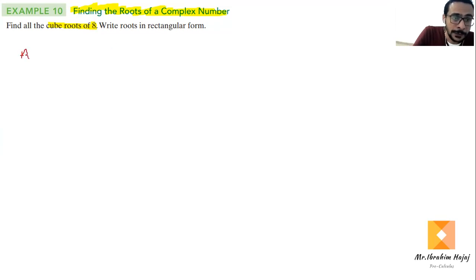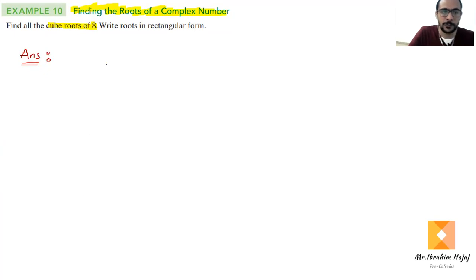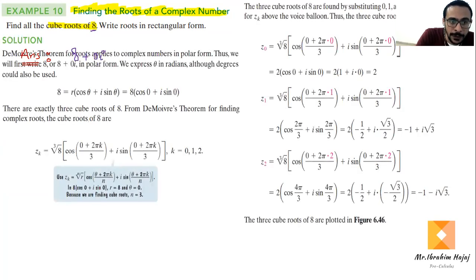Who can answer, guys? Who can help me? I said the key of the solution. Who can follow these steps? I have to first write the 8 as a complex number in polar form. 8 plus 0i, right?